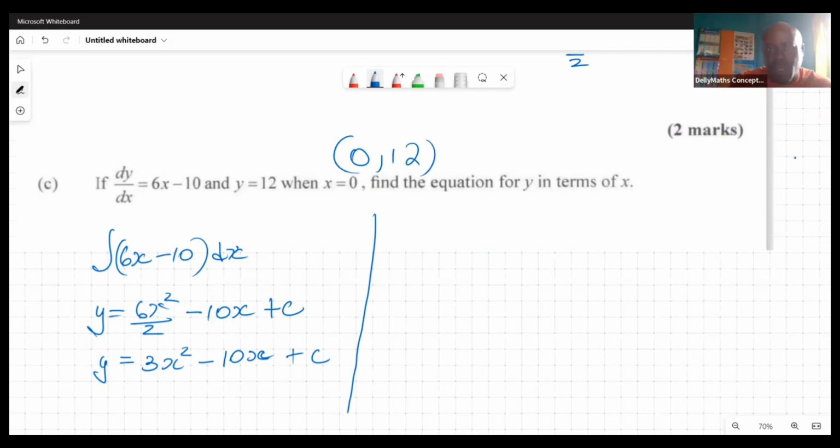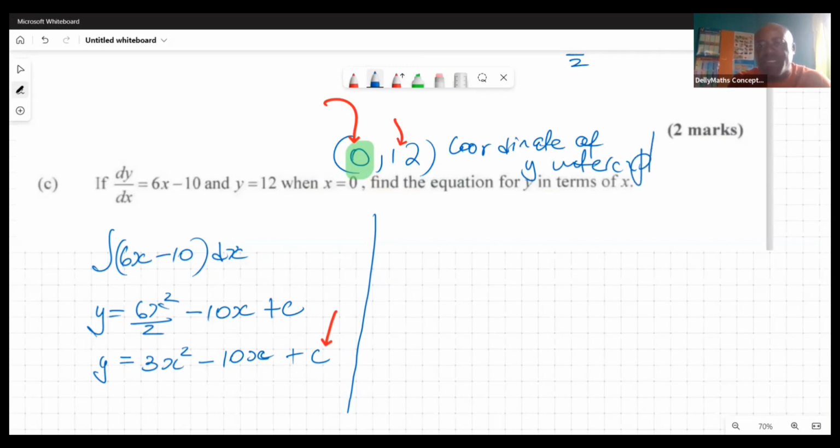I'm not going to work this out because for every y-intercept, you cross the y-axis at x equal to 0. That means this c value is 12 without working, all right? Because I'm utilizing the fact that if I cross the y-axis, I am at 0 on x. So I don't need to prove that I'm going to get 12, because this is the coordinate of the y-intercept, because the x value is 0.